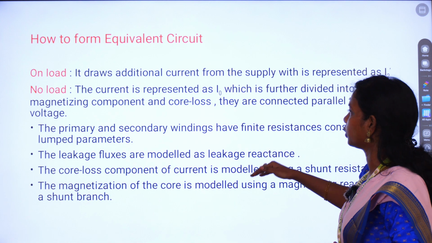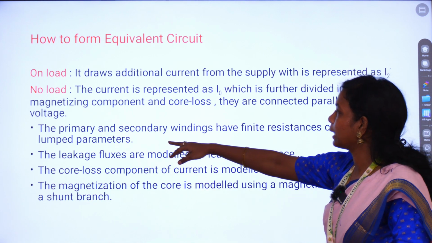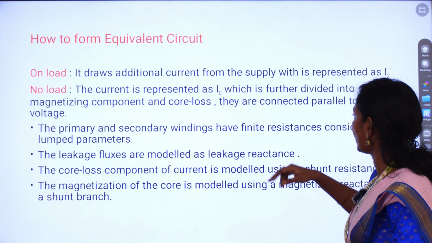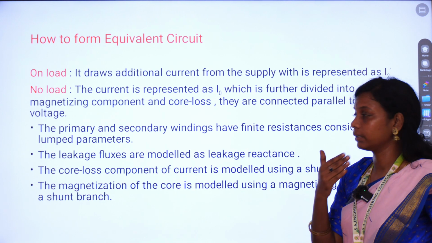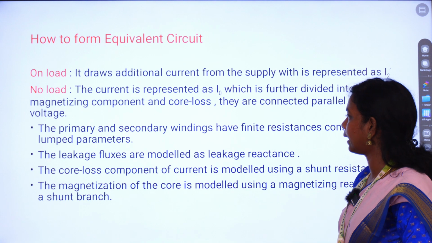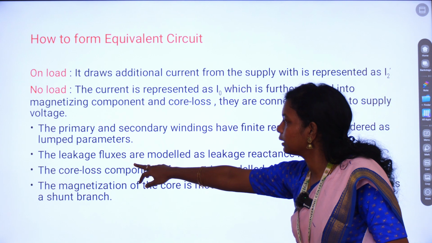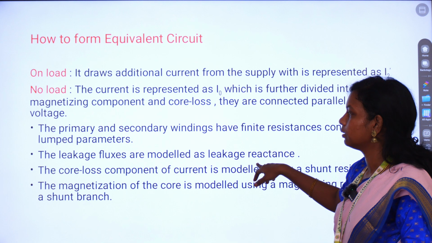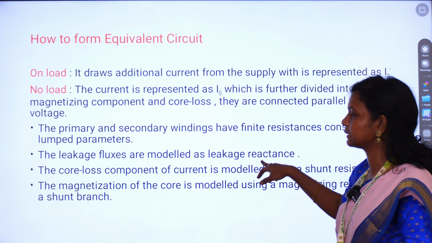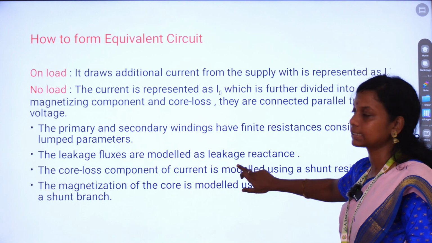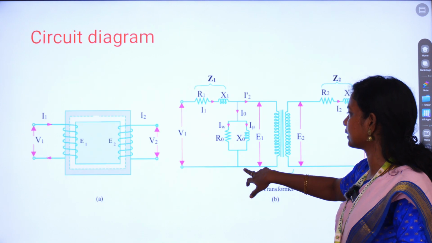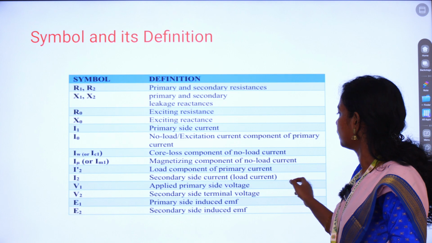And what are the next points we have to remember? The primary and secondary windings have finite resistance, which means it will be calculated and has to be handled. Second, the flux leakages are modeled as leakage reactance. The core loss is connected as a shunt, and shunt is nothing but a parallel connection.